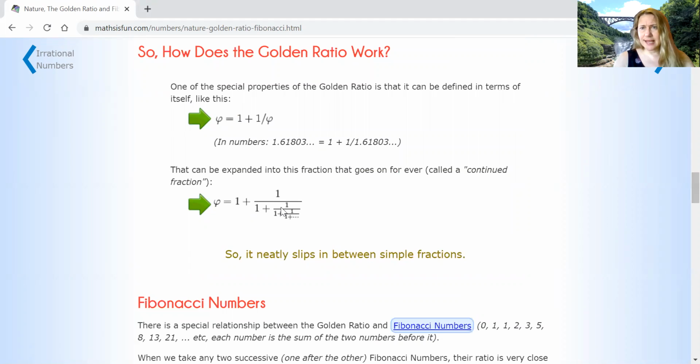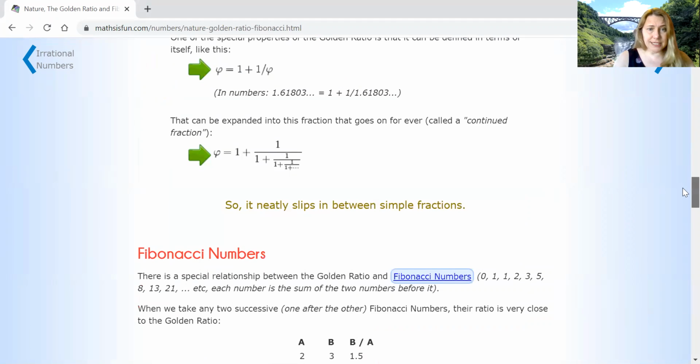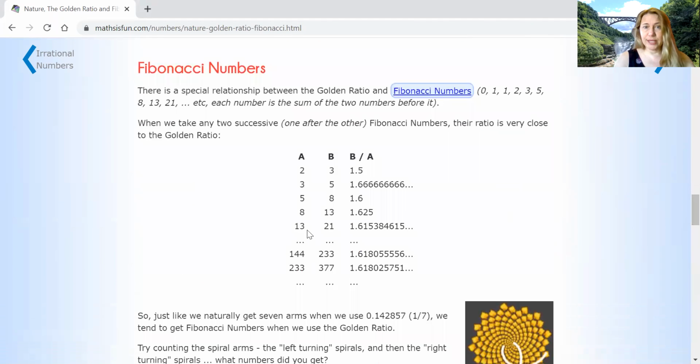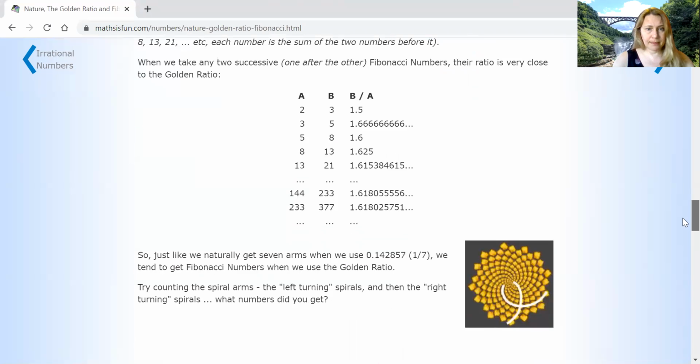I skipped this application because we can't do everything, okay? But I did show you how it relates to the Fibonacci numbers, all right? How if we divide successive Fibonacci numbers, we get closer and closer to this golden ratio. So there is the link between the Fibonacci numbers and the golden ratio.